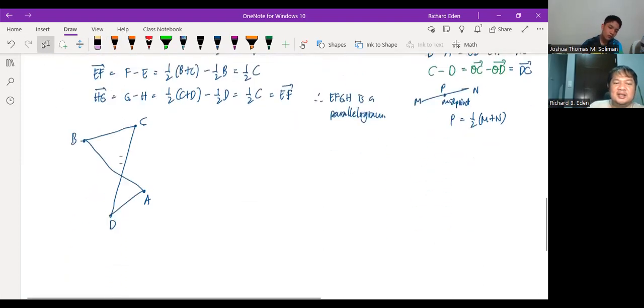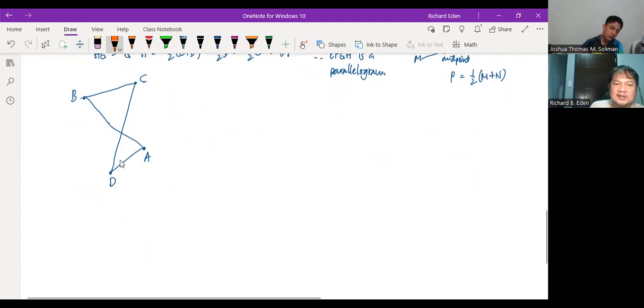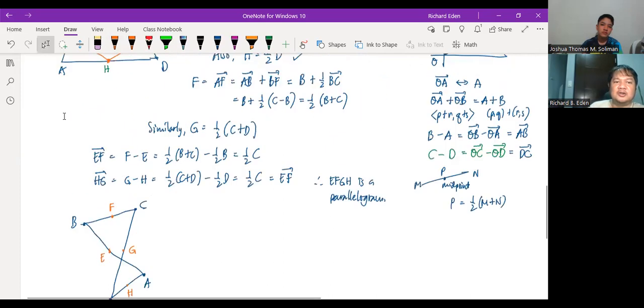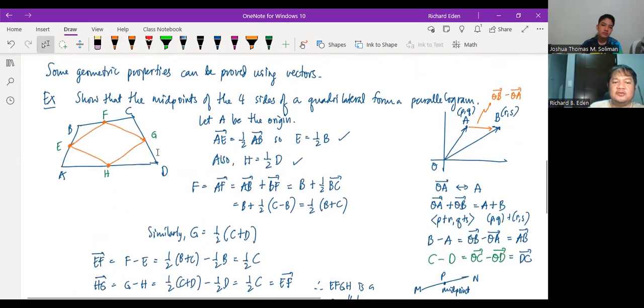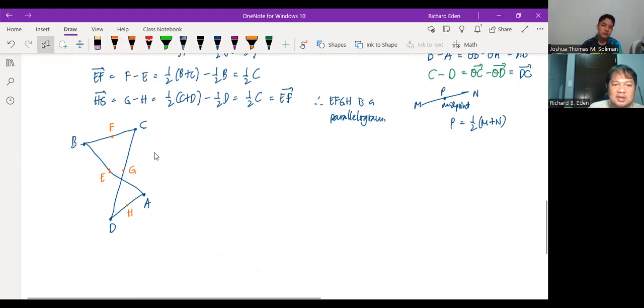A to B, that's E, and then B to C, the midpoint is F. C to D, the midpoint is G, and then D to A, the midpoint is H. So if you follow the order, E, F, G, H, where would that be?